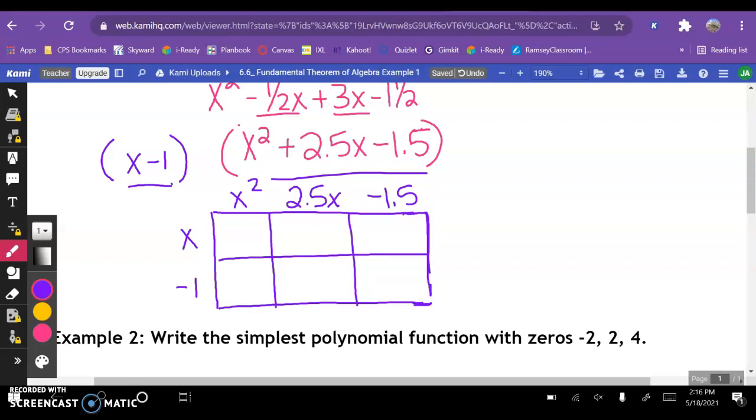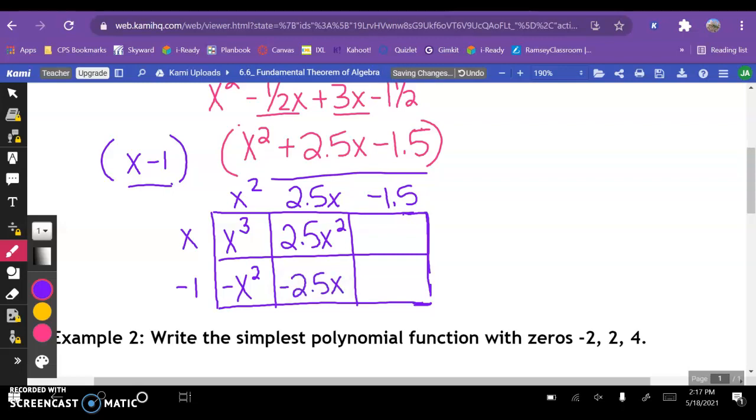The first box would be x times x squared, so that would give us x to the third. Underneath of that, we would have -1 times x squared, so that would be -x squared. Then at the top of the middle, we'd have 2.5x times x, so that would be 2.5x squared. And then we'd have 2.5x times -1, so that would be -2.5x.